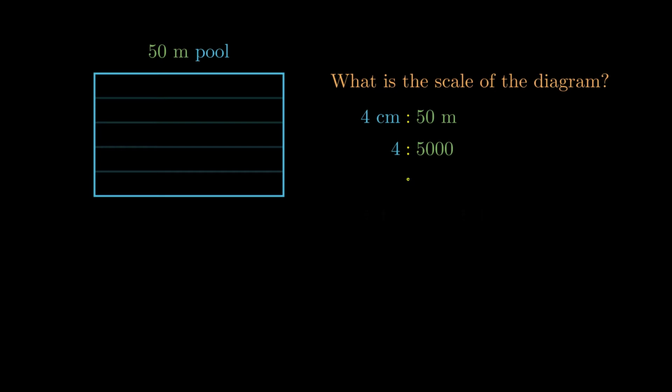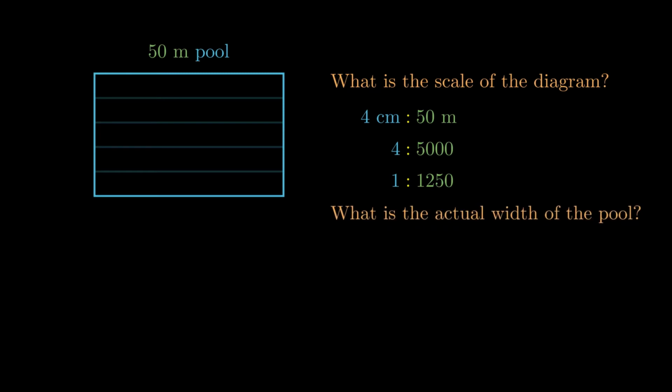So let's divide both numbers by 4, and that gives us the blue 1 we were going for, and on the other side, 5,000 divided by 4 is 1,250. So that's our scale, 1 to 1,250. It means that any length we measure on the diagram must be multiplied by 1,250 to get the real life measurement.